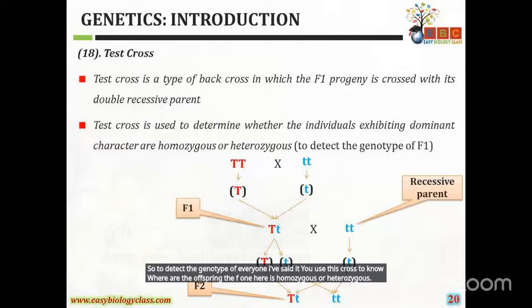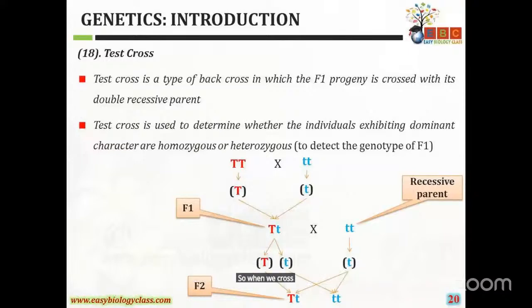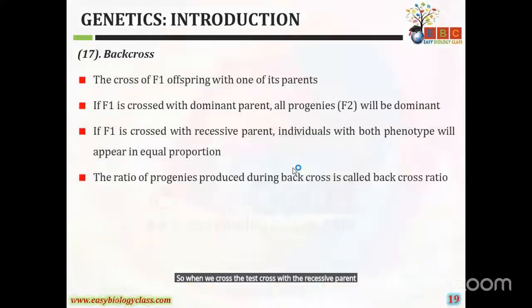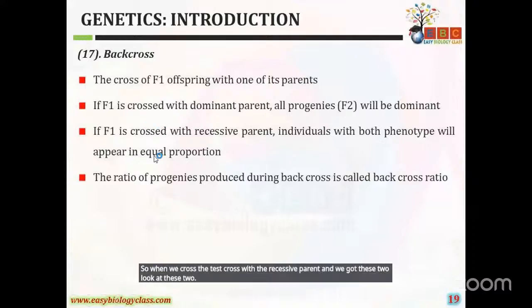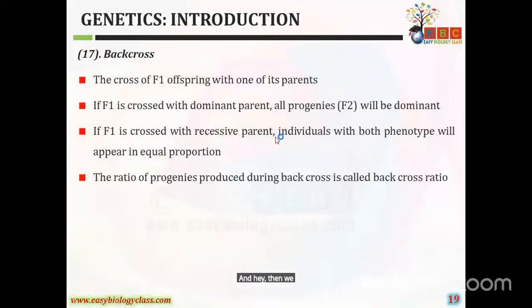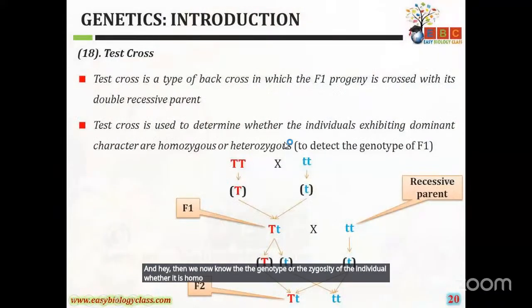So when we cross with the recessive parent and we got these two, look at these two, then we now know the genotype or the zygosity of the individual, whether it is homo or hetero.